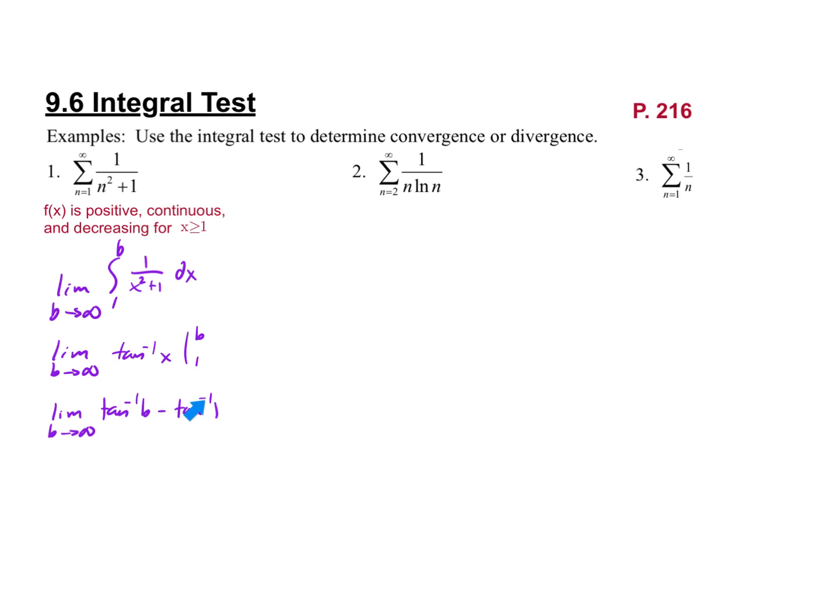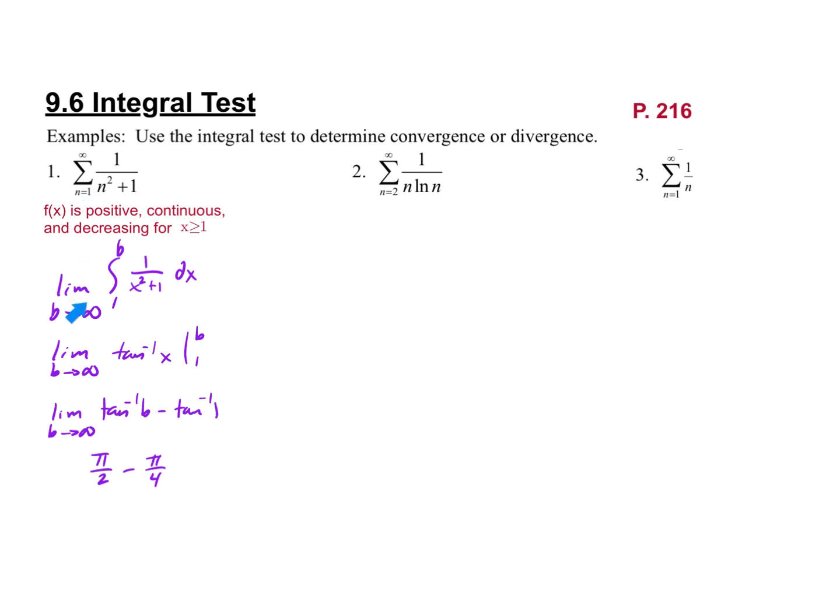In radians. Pi over 4, very good. Okay. So what this really is, is pi over 2 minus pi over 4. Now, of course we could figure that out, but we don't have to. Is this a value? Is this a number? Sure. This is pi over 4.